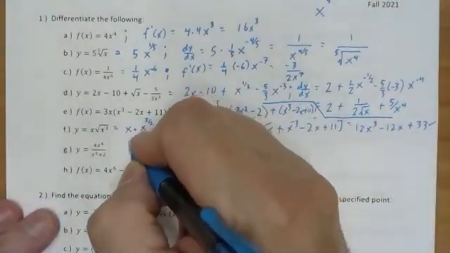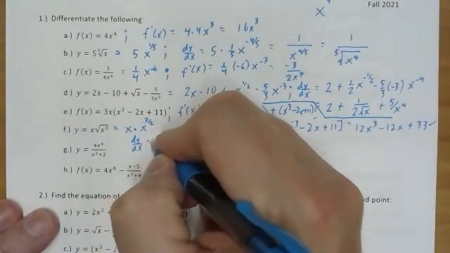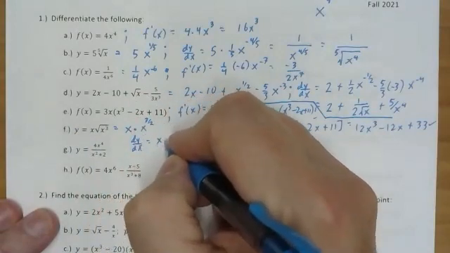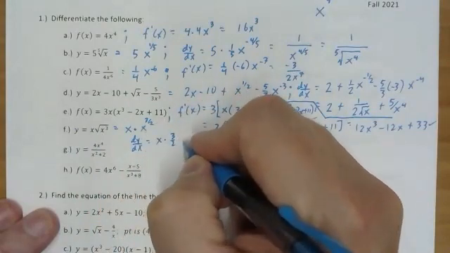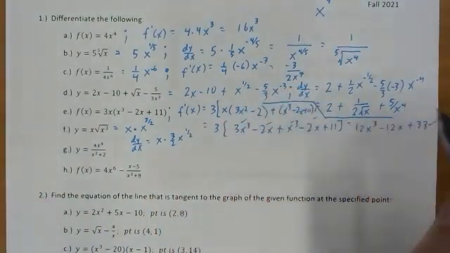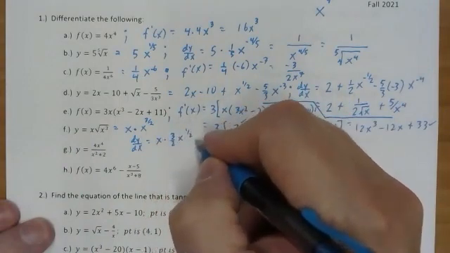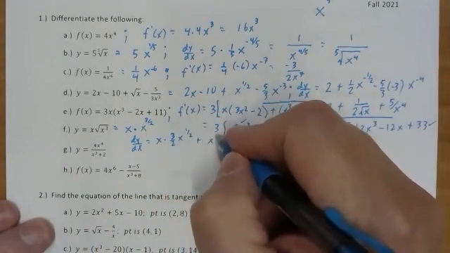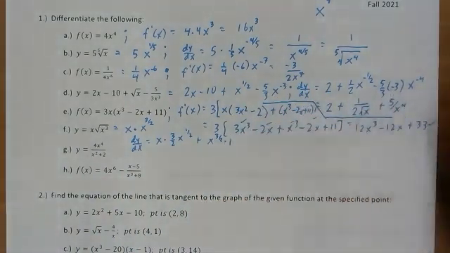Now, product rule, the first times derivative of the second, 3 halves x to the 1 half. First times derivative of the second plus the second times derivative of the first.